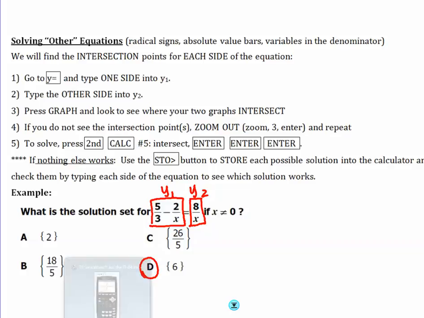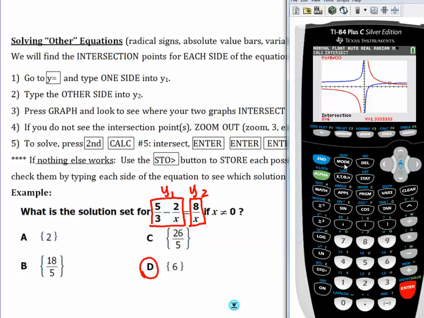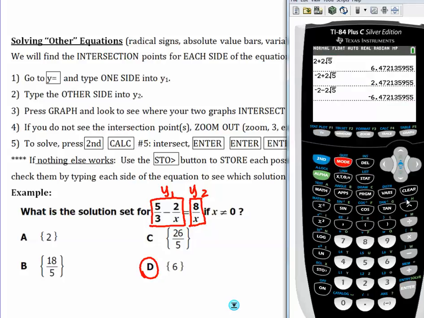Another way to do this problem, or to double check your answer if you're not confident, is to use the store button. So I'm pretty sure that 6 is the right answer, so I'm going to store 6 for x.